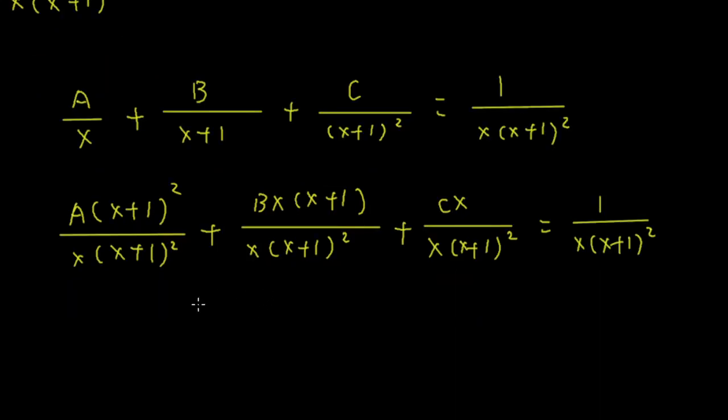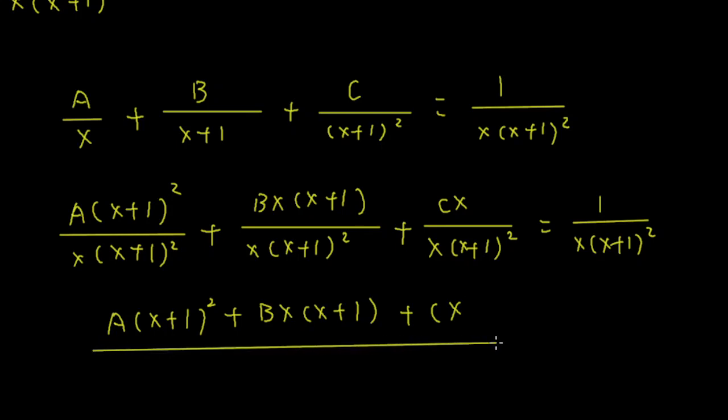Okay, now we can group them together. That will be a times (x plus 1) all squared plus b times (x plus 1) plus c times x, all divided by x times (x plus 1) all squared, equal to the same thing on this side, 1 over x times (x plus 1) all squared.